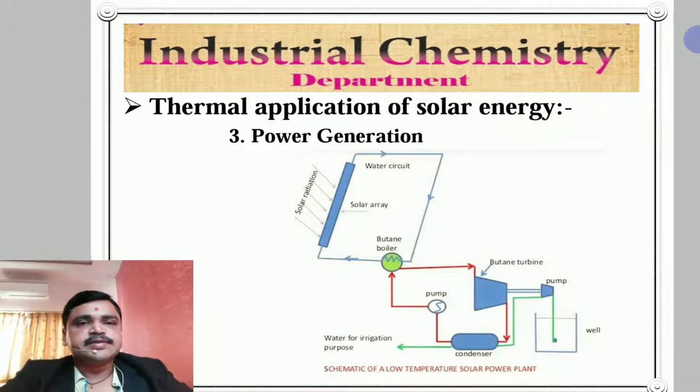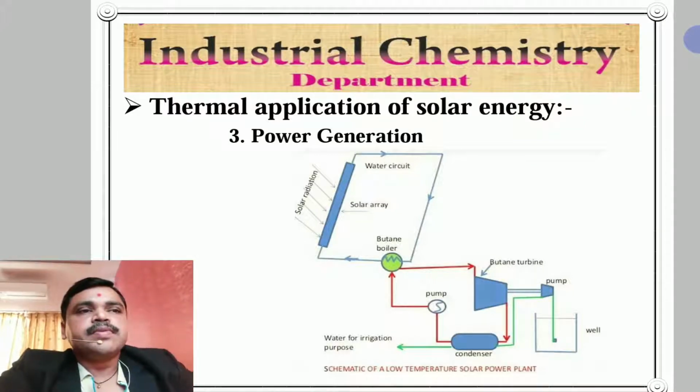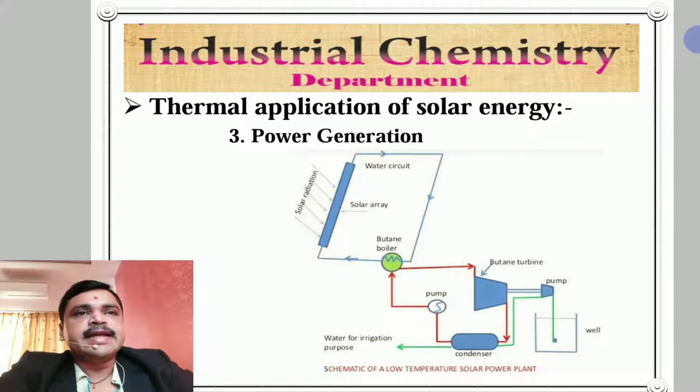So we start with our power generating system. A low temperature cycle works at a maximum temperature of about 100 degrees Celsius. Low temperature systems use a flat plate collector or solar pond for collecting solar energy.